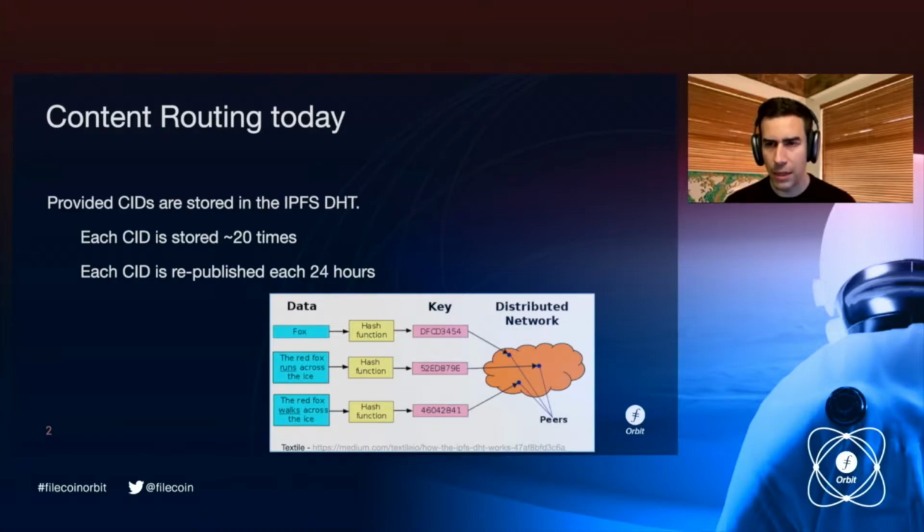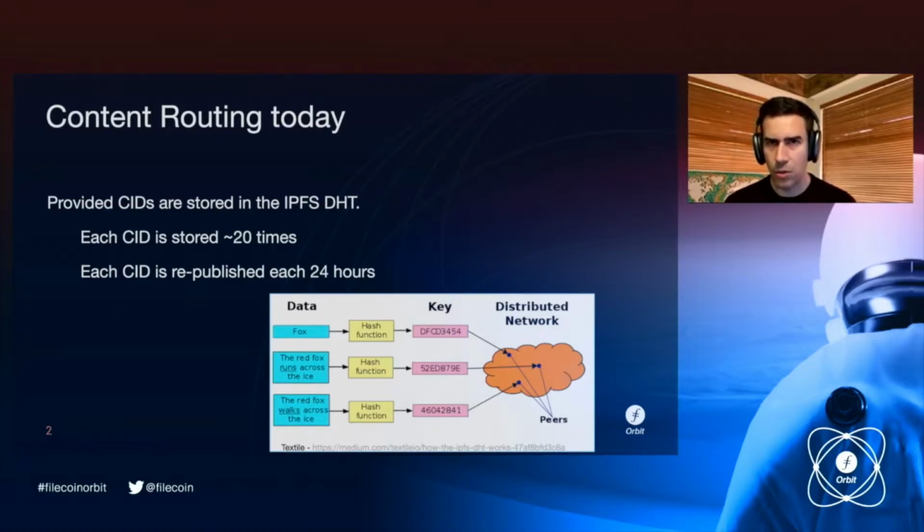So people who have data that they want to make available to other IPFS users will publish that data into the DHT by finding the around 20 appropriate nodes that make up the mesh and putting a record into them, indicating that they have this content. And so it is an abstraction that looks a lot like a key value store, where the key is this CID, the hash, and the value is that publisher, that location.